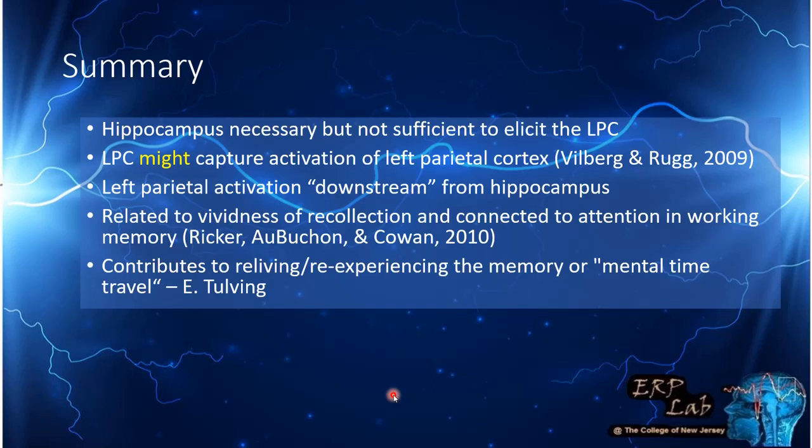This left parietal activation is probably downstream from the hippocampus, meaning the hippocampus has input to the parietal cortex, and it's related to the vividness of the recollection, maybe even connected to attention and working memory. You can take a look at this paper too for that connection with working memory. And what might be happening here is re-experiencing the memory, or this so-called mental time travel, and being marked by the LPC.